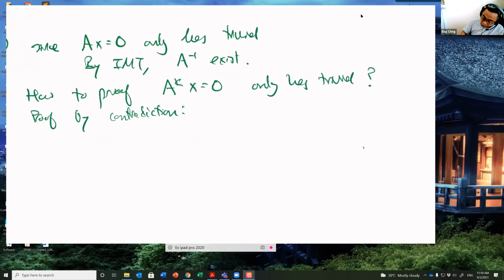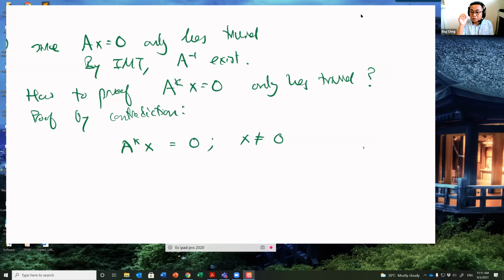And how to prove by contradiction? Well, we're going to say A^K X equals 0 and X is not equal to 0.